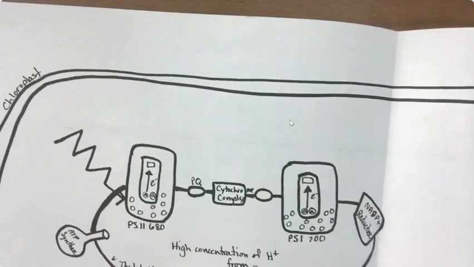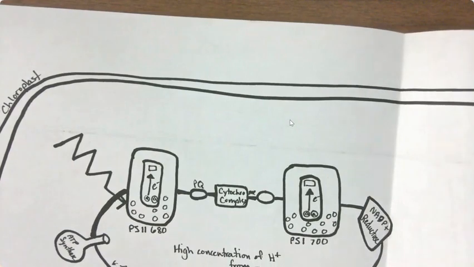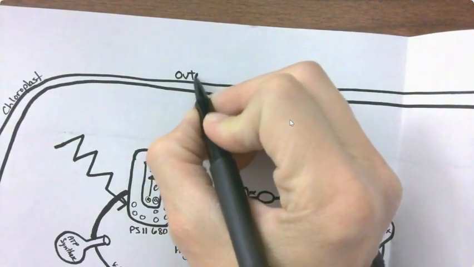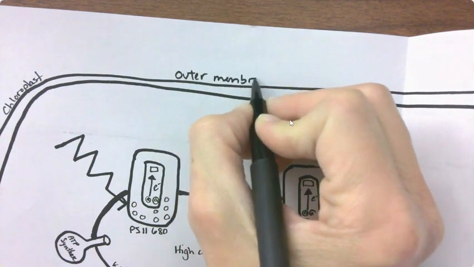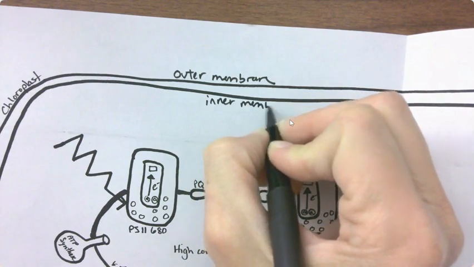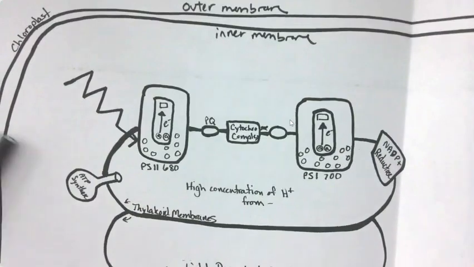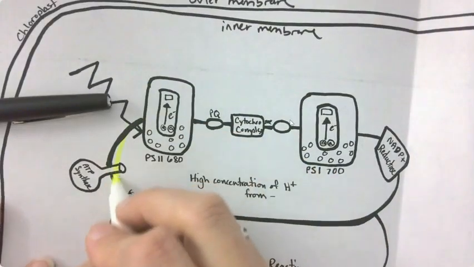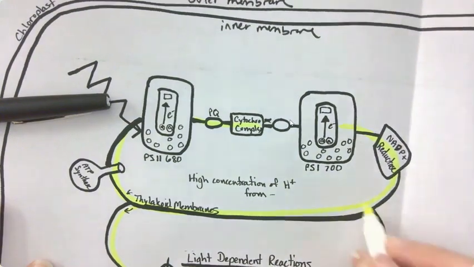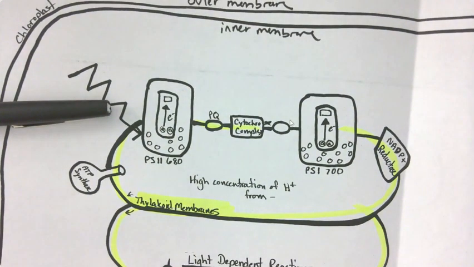In the chloroplast, we have our outer membrane, we have our inner membrane, and then right here, these membranes are known as the thylakoid membranes. So the chloroplast actually has 3 membranes.